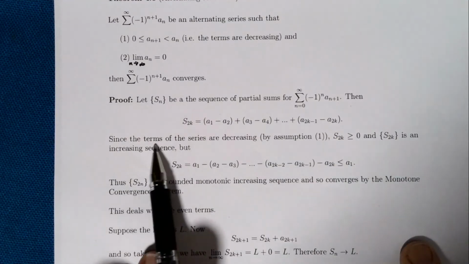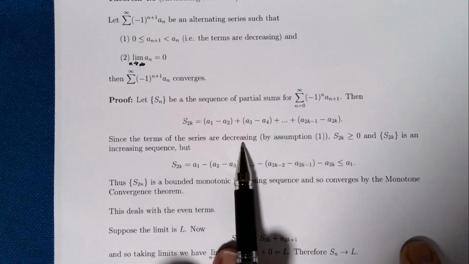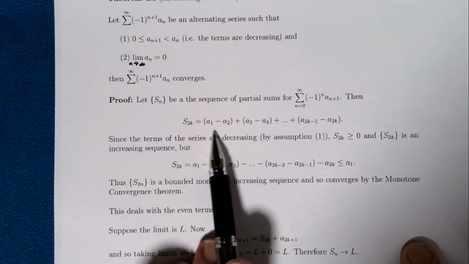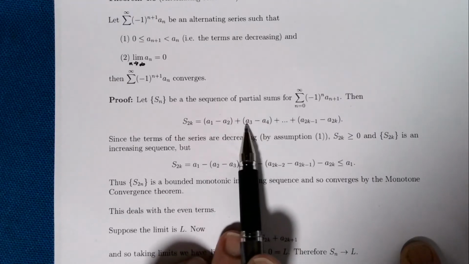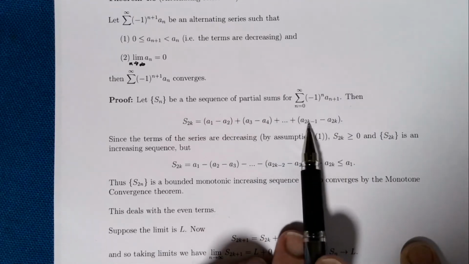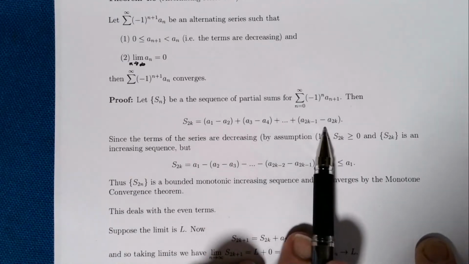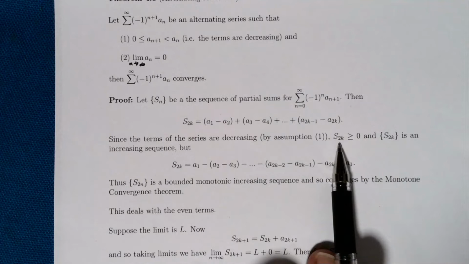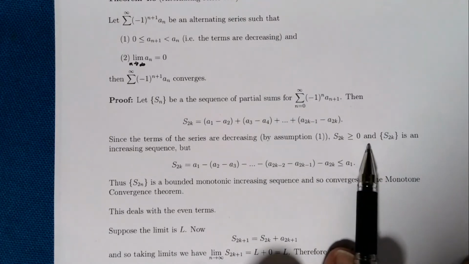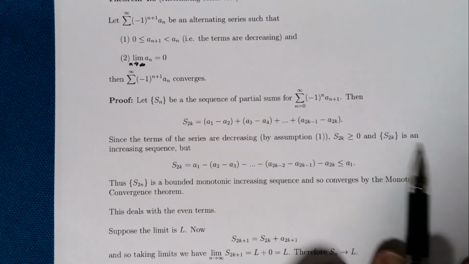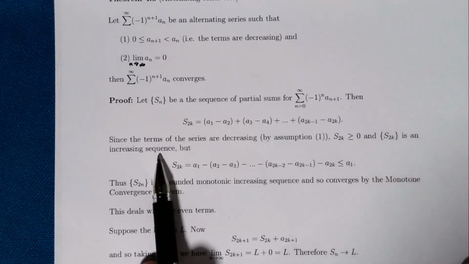Now, since the terms of the series are decreasing by assumption, this number is less than that number, this number's less than that one, this number's less than that one. That means all of these brackets are positive, and that means the partial sums are all positive, and this sequence is an increasing sequence.